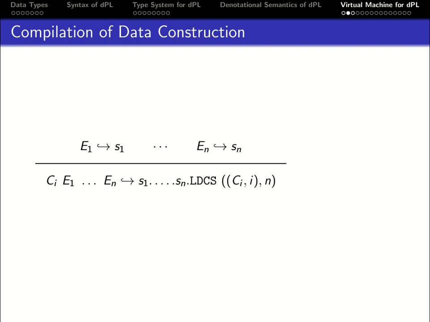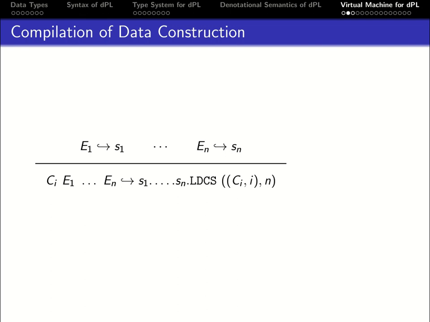Constructed expressions. We remember that if E1 up to En are valid expressions, then Ci, some constructor Ci applied to these expressions, is also a valid expression, where the arity of Ci must be n.